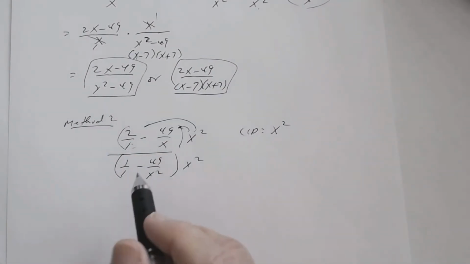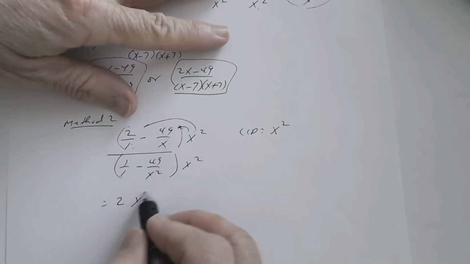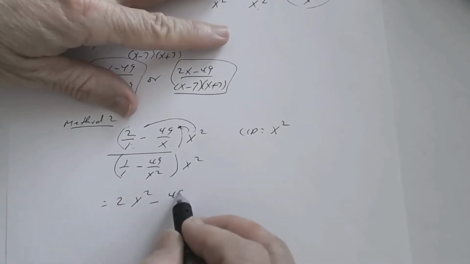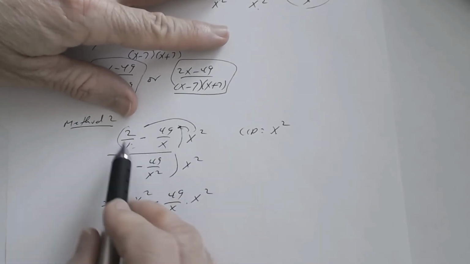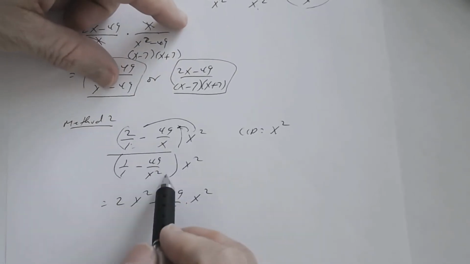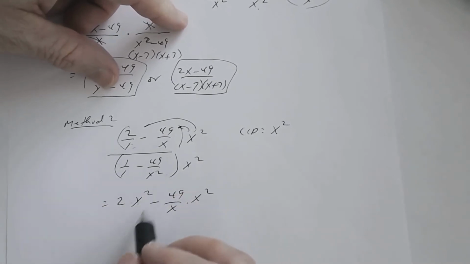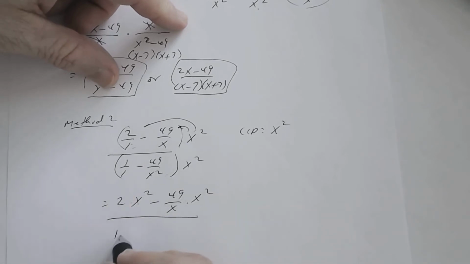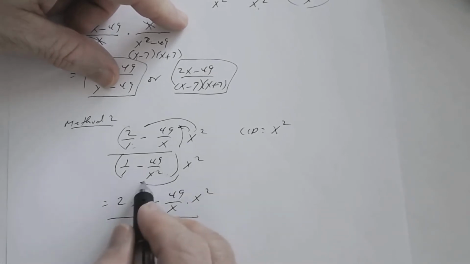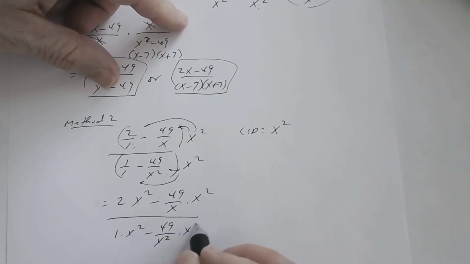And so when I distribute, I get 2 times x squared minus 49 divided by x times x squared. So every term, remember, is being multiplied by your LCD. So that's what you see in here. This term times x squared, this term times x squared. Divided by 1 times x squared, distribute, and then minus 49 divided by x squared times x squared.